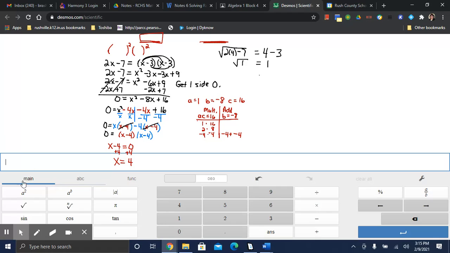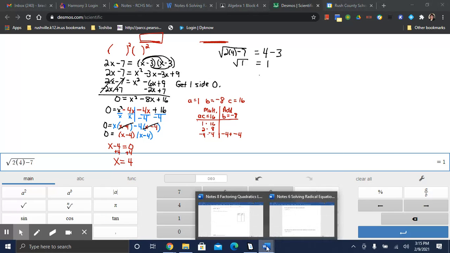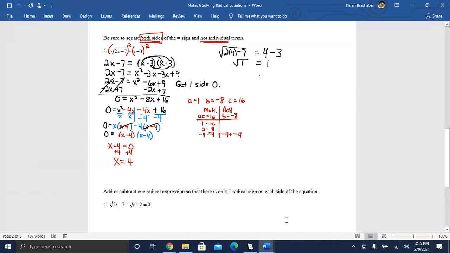You could put your square root in, and then the 2 times the 4 minus the 7, and that does give me a 1, and so my answer checks, and my solution is x equals 4. So there's your third example where you do have a little bit more work to do.